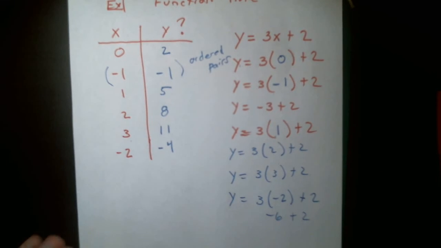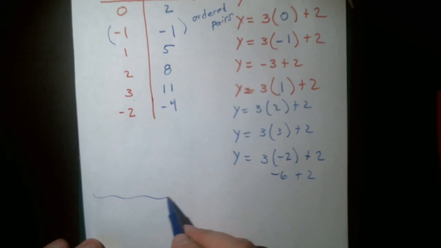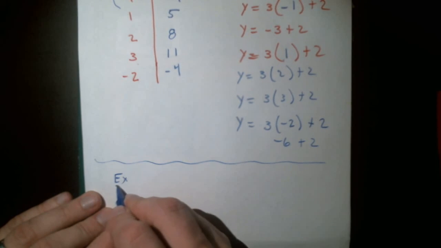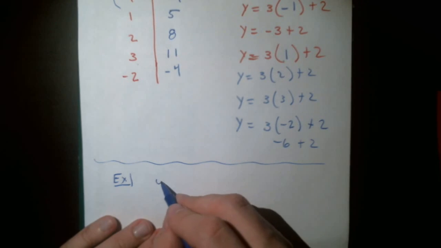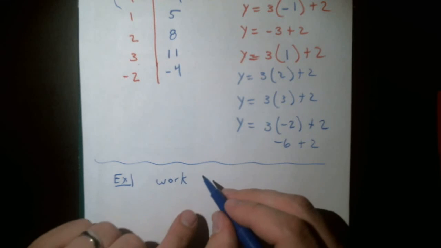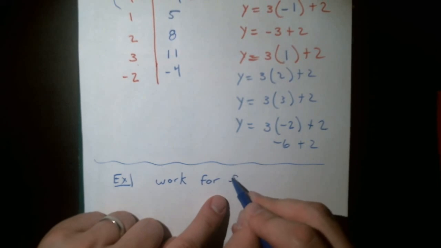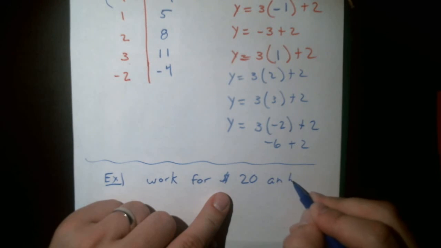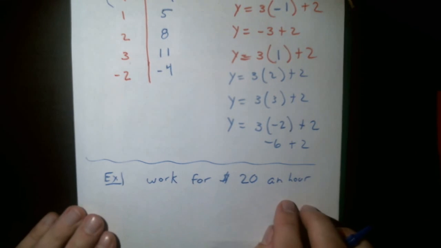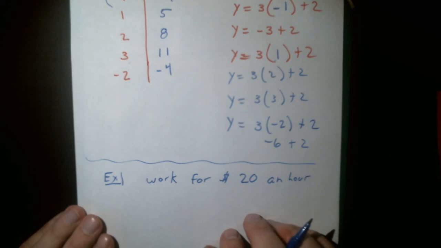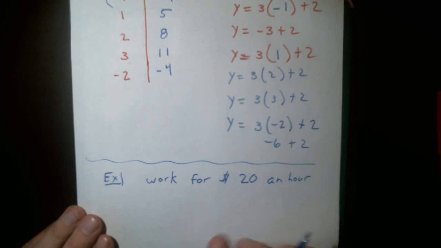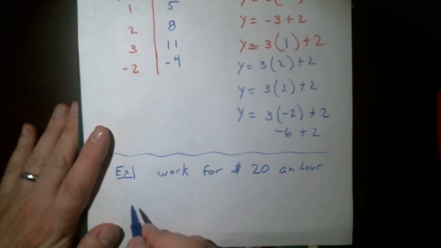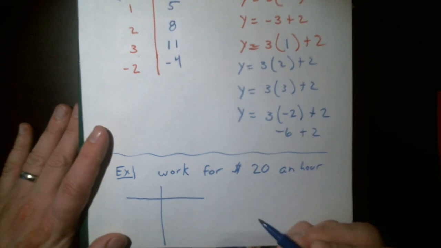So to go away from this, I want you to try this one. Let's say that you work for, let's make it $20 an hour. Make a table. Make a graph. Well, let's think about this. Here's a table.